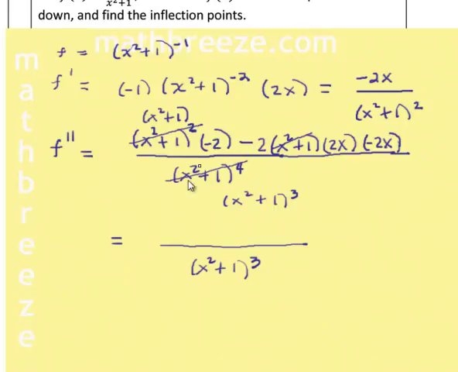In the numerator, we multiply through by minus 2, and we have minus 2x squared minus 2. And here we have a negative 2, a 2, and a negative 2. Multiply those together, and that gives us plus 8 times x squared.